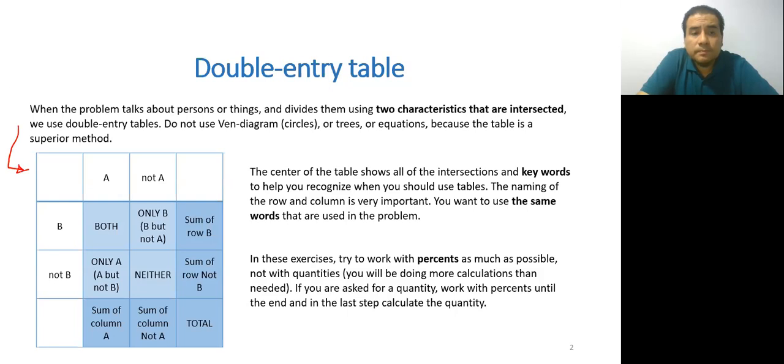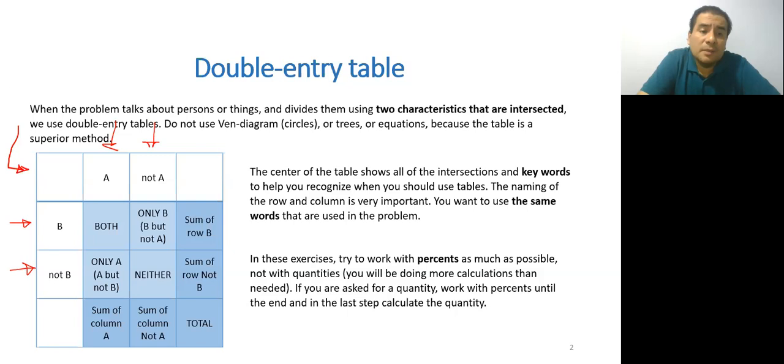This table is a 4 times 4 squares protocol, and you are going to fill in 2 rows and 2 columns representing the presence or the absence of 2 characteristics, and they intersect each other.